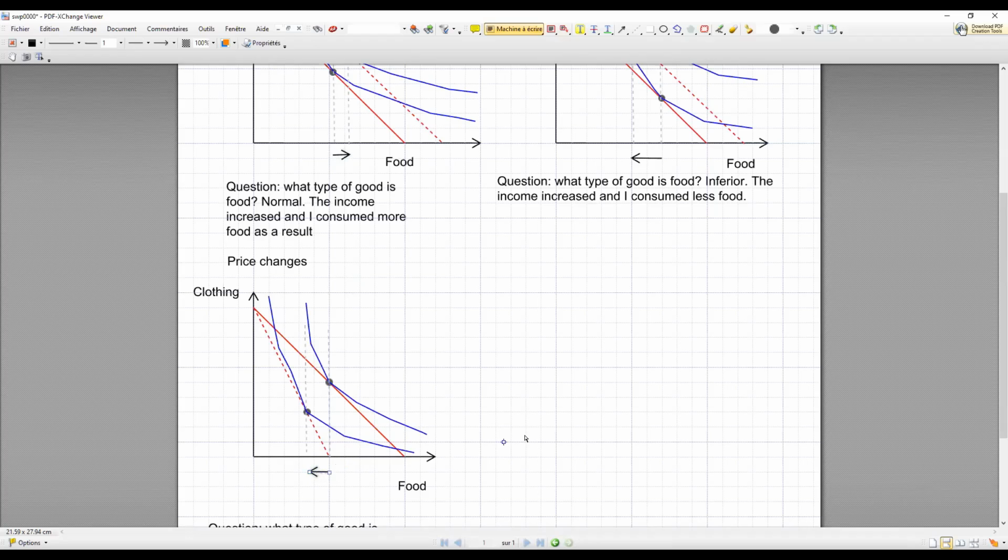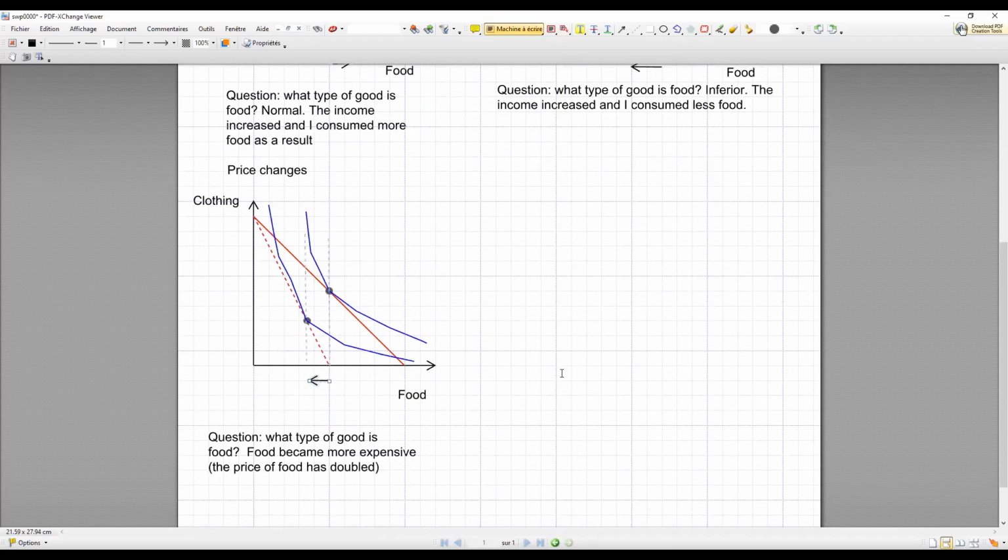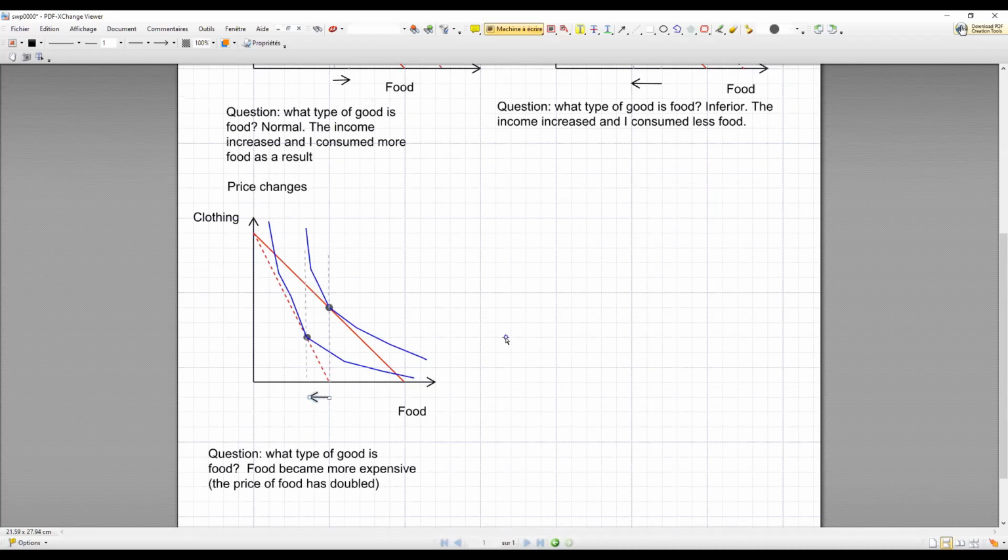Well, here the income is the same, but the price of the food is much higher, so they don't have enough income to buy as much. So food has become more valuable.